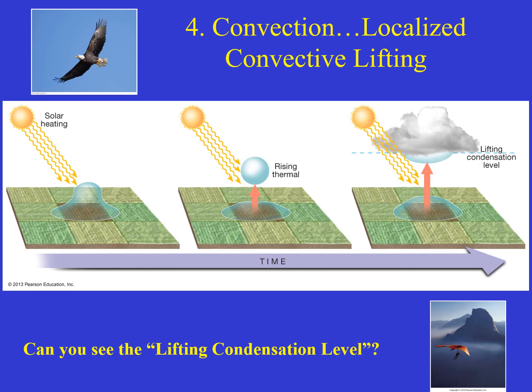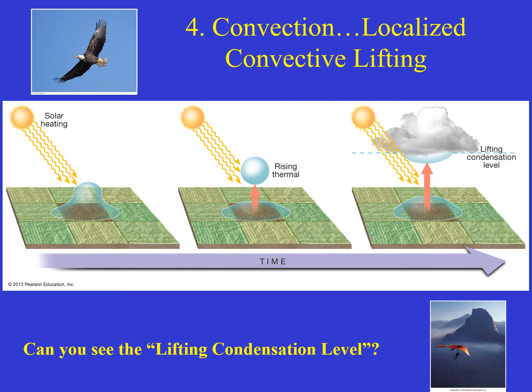And then there's something we might refer to as localized convective lifting or just convection. Okay, so let's begin on the left. You see a plot of land, and you see that the one in the middle there is different. Maybe they burned it on purpose because that's going to help do something with the next crop. So it's a different color, it's a darker color, therefore it's going to absorb more solar radiation, therefore you get a hot pocket of air over that parcel of land.